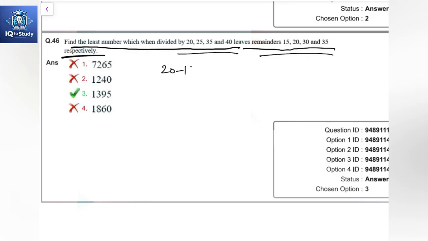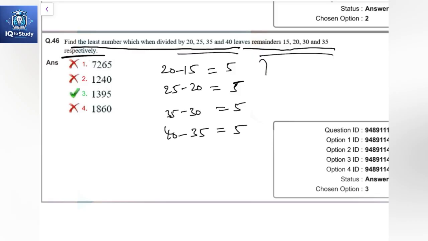Twenty minus 15 is equal to 5. 25 minus 20 is equal to 5. 35 minus 30 is equal to 5. 40 minus 35 is equal to 5. So the common difference is 5.